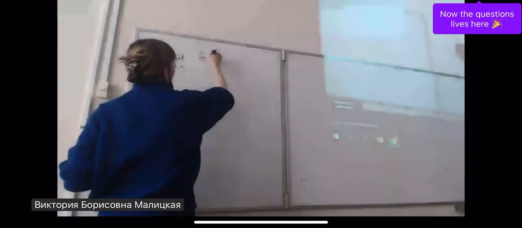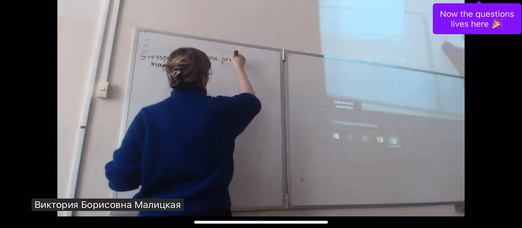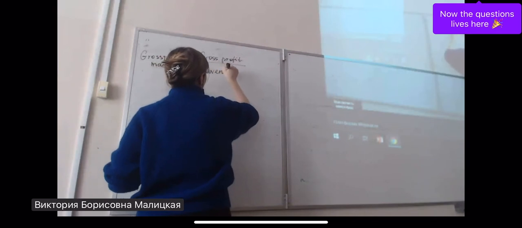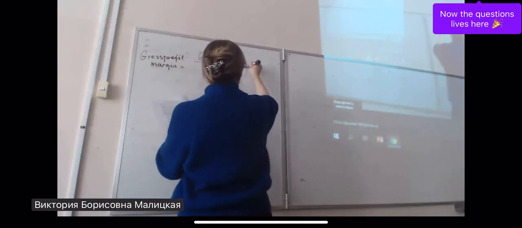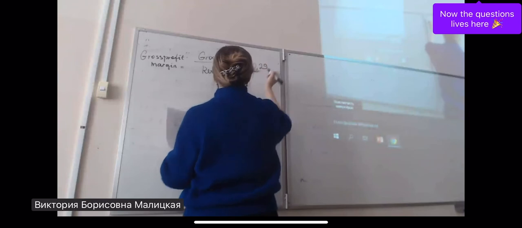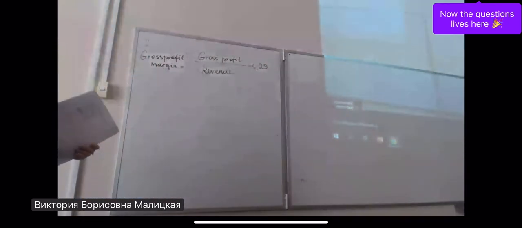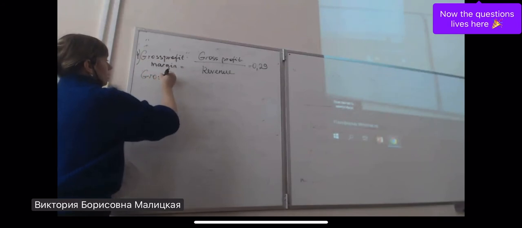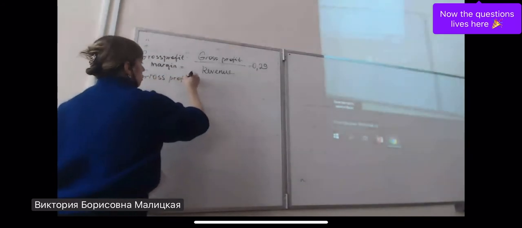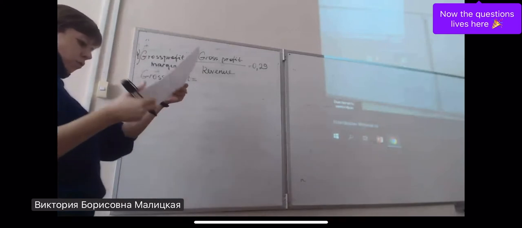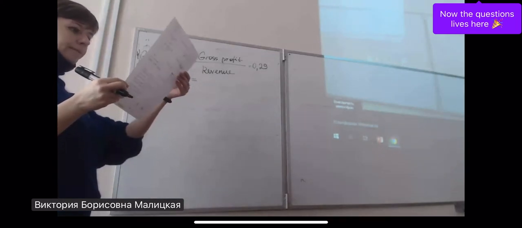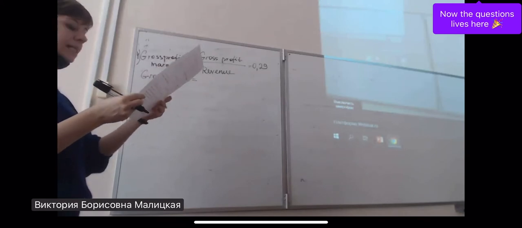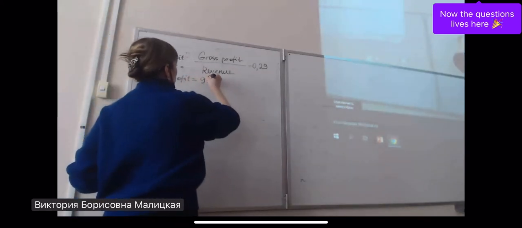Good. Gross profit divided by revenue. And we know that this is 0.29. We also know revenue. So our gross profit will be revenue, and revenue is 95,200.